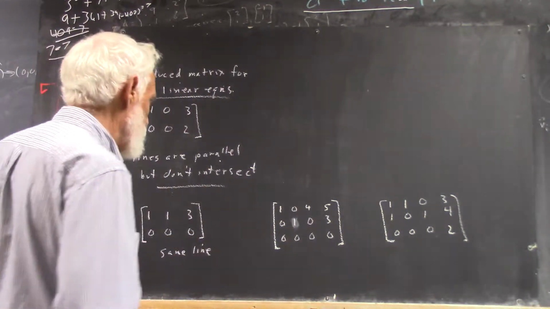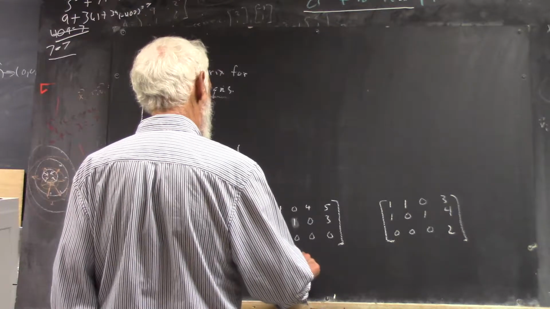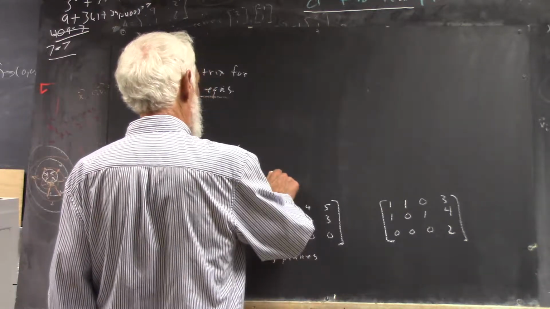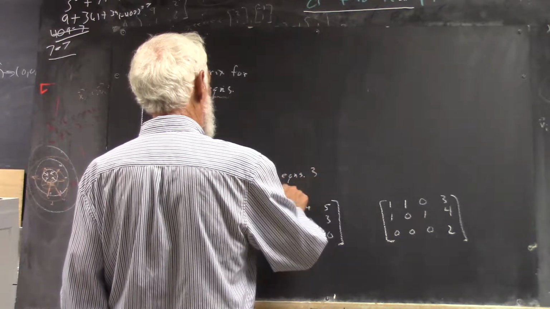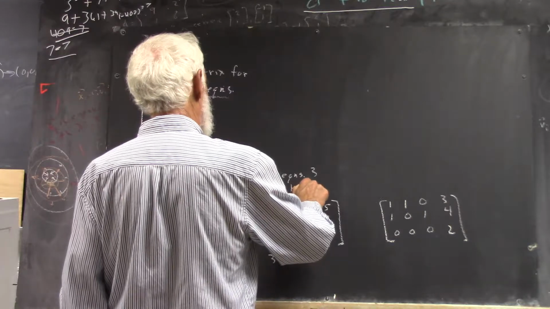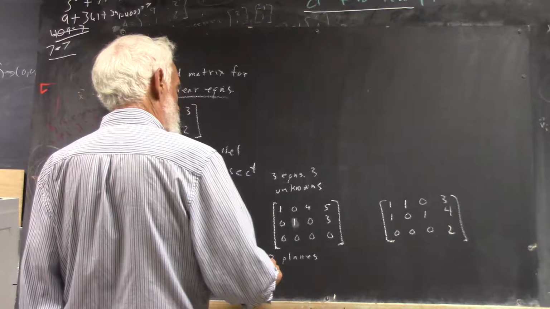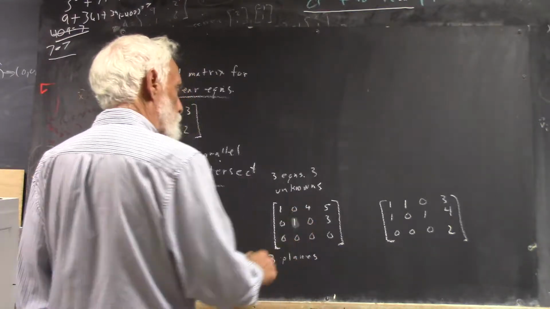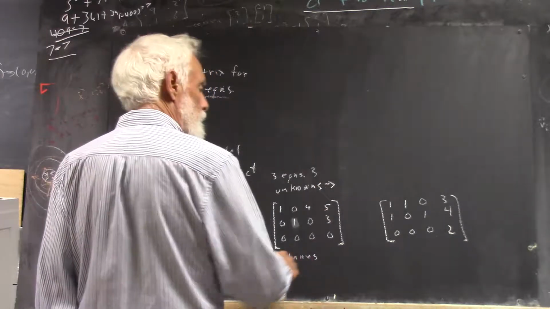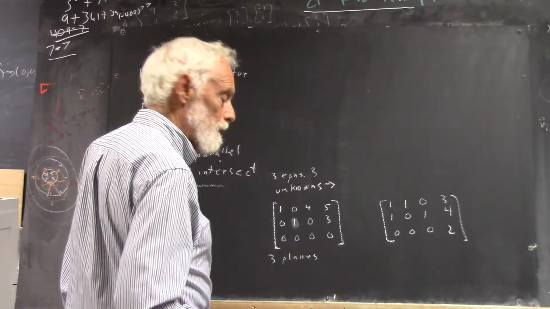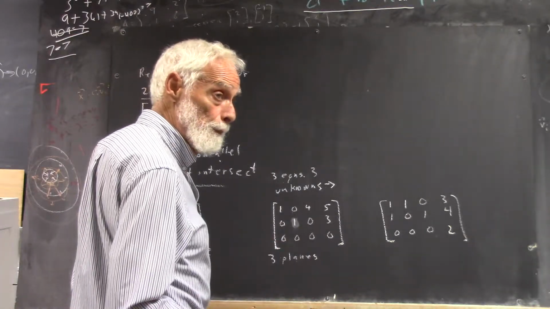So this will correspond to three equations, three unknowns. This would mean that the three equations give you three planes, because any equation in three unknowns is going to give you a plane.